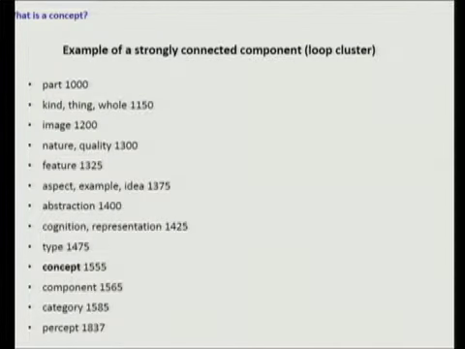And then it builds up to a more abstract word like abstraction, cognition, representation, type. Then concept appears. And then it goes down, I guess, to category theory and perception.